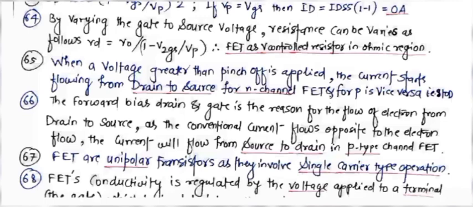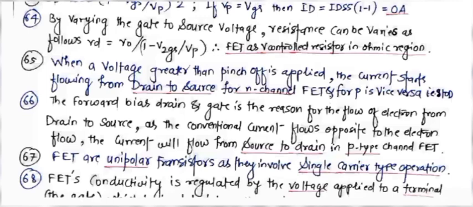A forward bias between drain and gate is the reason for the flow of electrons from drain to source. As conventional current flows opposite to the electron flow, the current will flow from source to drain in p-type channel FET.